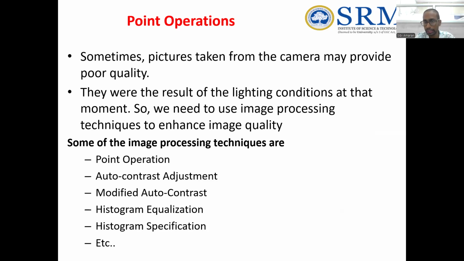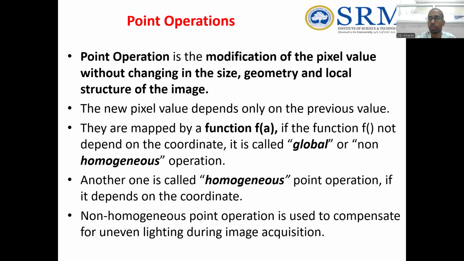The auto contrast as well as the modified auto contrast will come under point operation. And then histogram equalization and histogram specification we are going to discuss. These are the things that we are going to discuss in point operation.